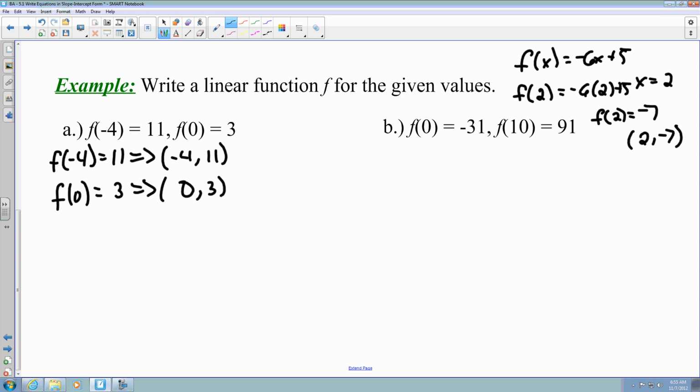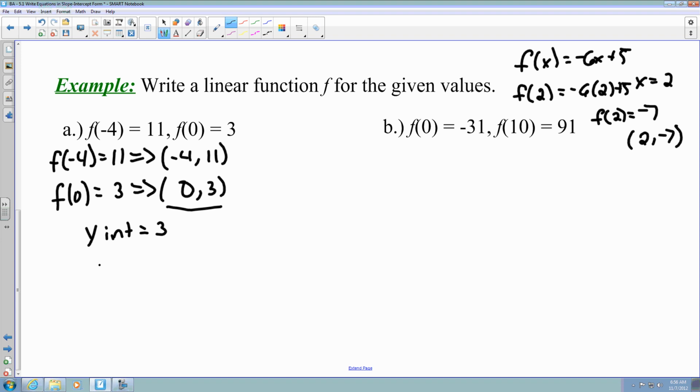And now, since we have them in coordinate form, we can solve for the slope and y-intercept to get our equation. This coordinate here shows us that 0 comma 3 lies on the y-axis, so we can determine that our y-intercept equals 3. And now we just use the equation for the slope to find our slope.